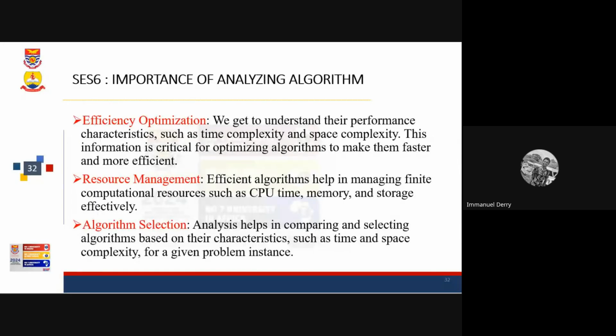Another important thing is to know which algorithm to select in the code that we are running. If we're able to analyze the algorithms and know that this one is better than the other in terms of time and space complexity, then we'll be able to choose the right algorithm for a specific use case.